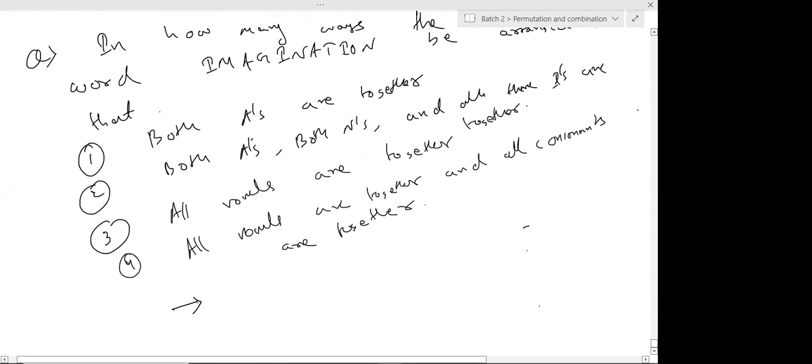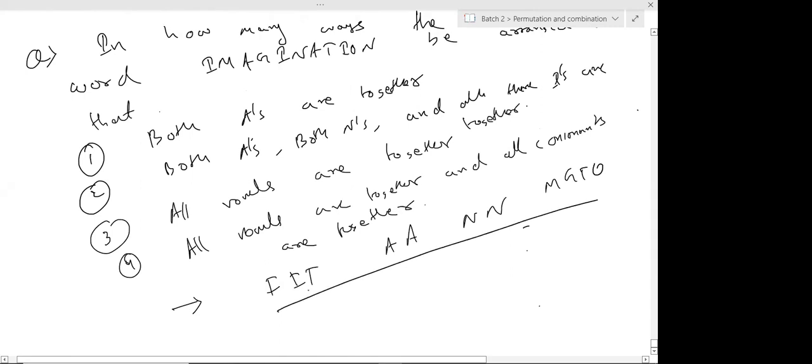First, let's write down which letters are there. We have 3 I's, 2 A's, 2 N's, and M, G, T, O. These are the letters in the word imagination. In the first part, both A's are together, so we make a bundle of them.